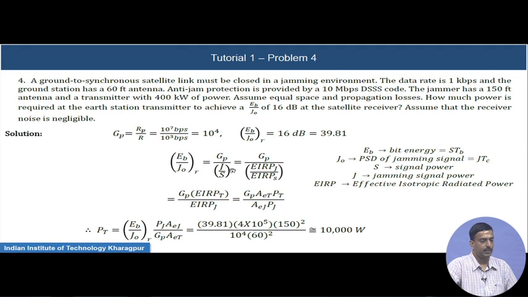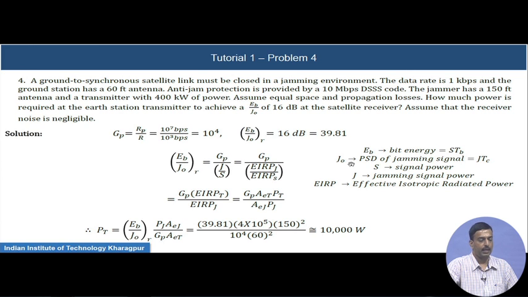So as you can see, processing gain is nothing but Eb/J0 at the receiver multiplied by J/S. In fact, I have just elaborated Eb, that is the bit energy, in terms of signal power and bit duration.